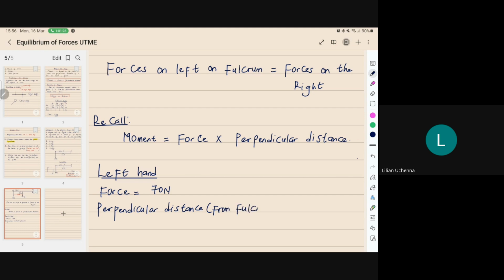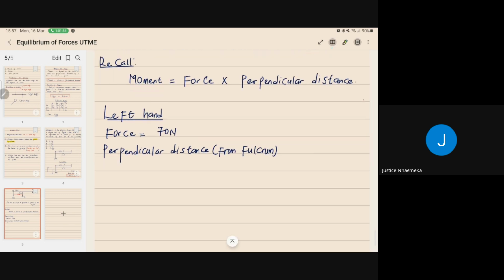I've forgotten how you guys pronounce this thing as well. Richard, how did you pronounce it again? Richard, can you hear me? Fulcrum. Oh, fulcrum. All right, let's continue.